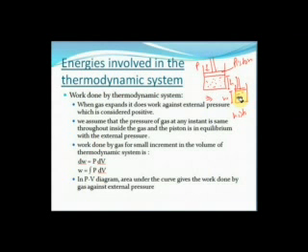While calculating the work done by a thermodynamic system, we assume that the pressure of the gas at any instant is the same throughout inside the gas, and the piston is in equilibrium with the external pressure. So we assume that the pressure inside the gas is also P, which means that it is in equilibrium with the external pressure, and this pressure P is the same throughout the gas.